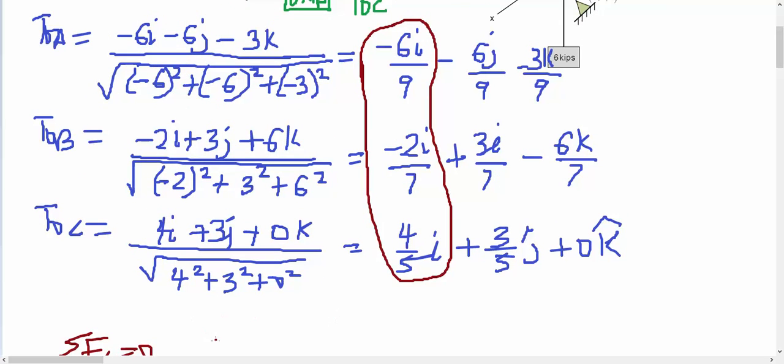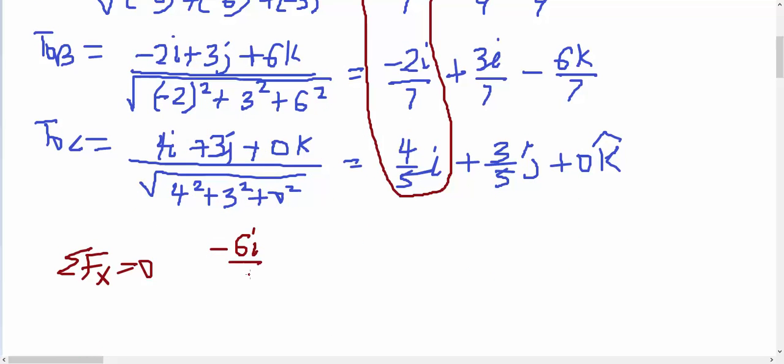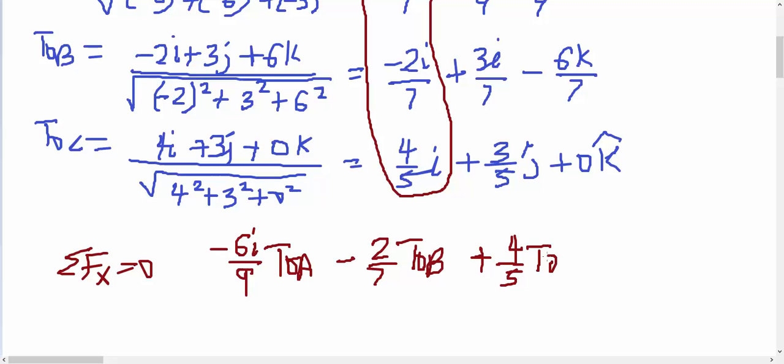So we start off by saying minus 6 over 9 times TOA minus 2 over 7 TOB, and then positive 4 over 5 TOC equal to 0.